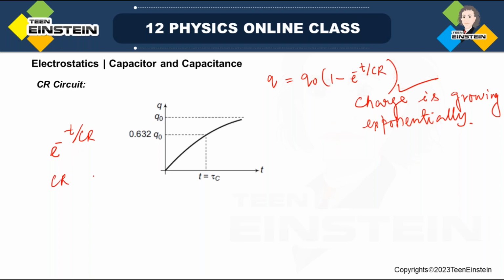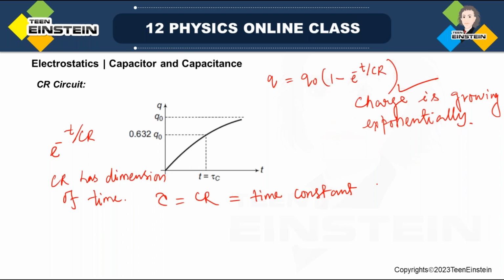So CR also has the dimension of time, and it is denoted by tau. This is called the time constant of the circuit. So what is the expression for the time constant of the CR circuit? That is C into R.